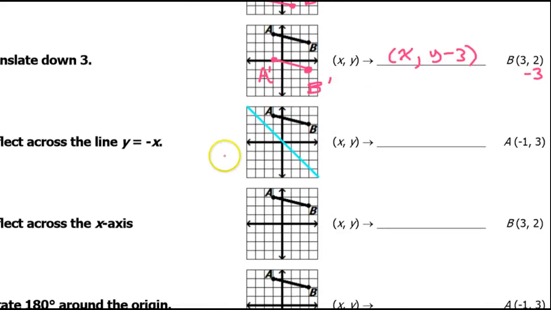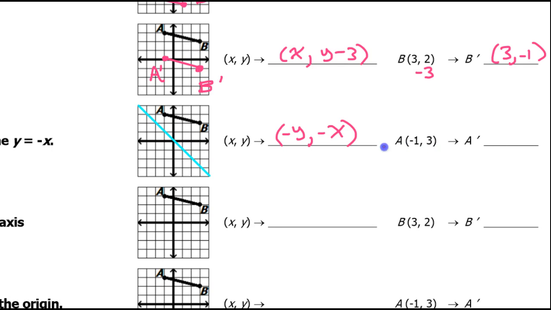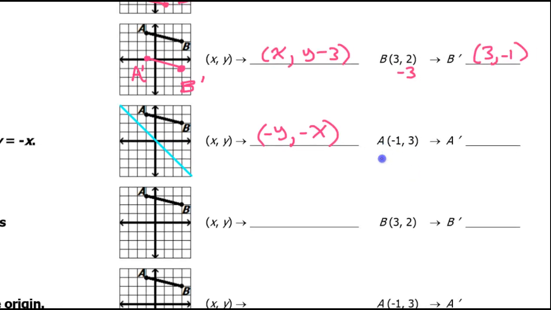But the rule, let's use the rule. So the rule for reflecting over y equals negative x is going to be the opposite of y, opposite of x. Okay, memorize that. So let's use the rule for both A and B. So point B is the point 3, 2.